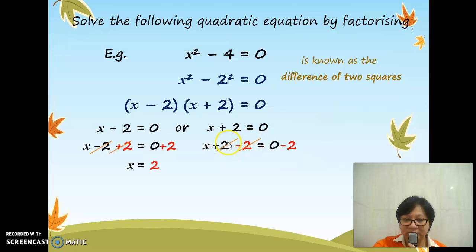So plus 2, negative 2, cancelling each other. So x equals negative 2. So the solution of the quadratic equation is x equals 2 or x equals negative 2. This is how we solve quadratic equation with two terms, where the terms are quadratic term and constant term, by using the difference of two squares like this.